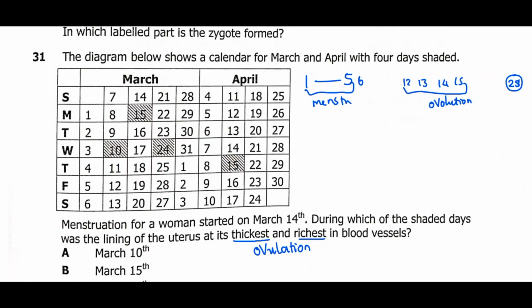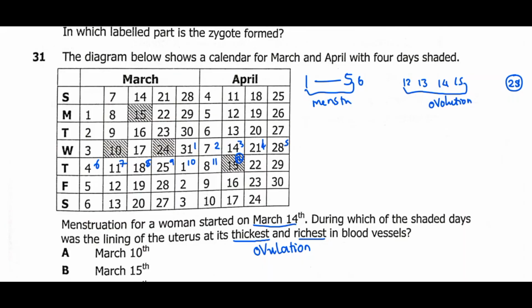If the menstruation started on day 14 of March, when is ovulation likely to occur? We need to count from the 14th of March: 1, 2, 3, 4, 5, 6, 7, 8, 9, 10, 11, 12.